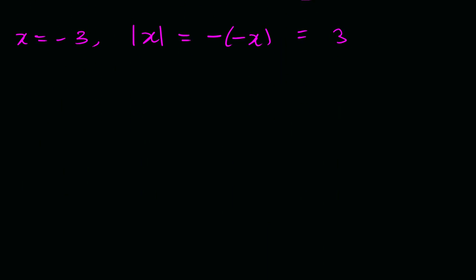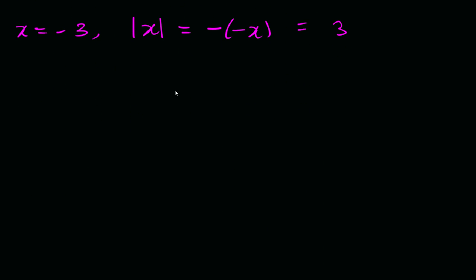Now if you find an equation which you need to solve which involves this mod x function, all you need to do is have clearly defined intervals in which x is clearly positive and x is clearly negative. So in the interval in which x is positive, that is x is greater than 0, just replace mod x by x and proceed to solve the equation.